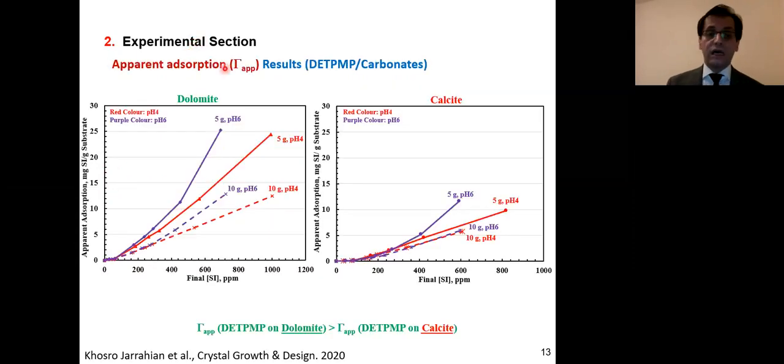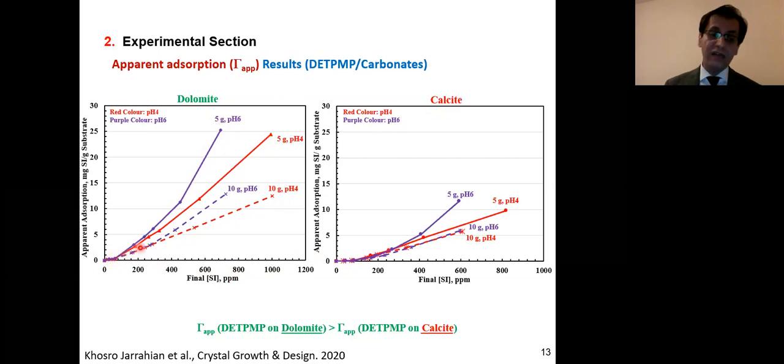So here I am going to show the apparent adsorption result versus final scale inhibitor concentration. As you can see, in both cases, calcite and dolomite at pH 6 and pH 4, from 0 to 100 ppm, we have a pure adsorption mechanism.